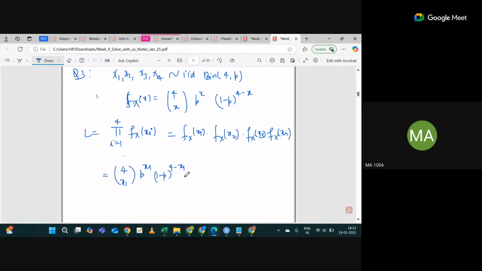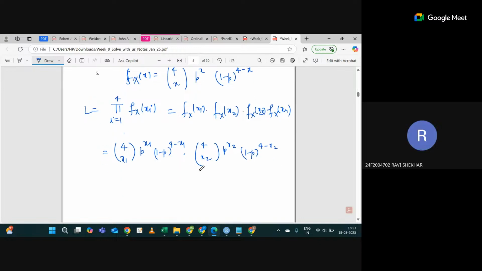Yes or no? Similarly, 4Cx2 p raised power x2 (1 minus p) raised power 4 minus x2, and 4Cx3 p raised power x3 (1 minus p) raised power 4 minus x3, times 4Cx4 p raised power x4 (1 minus p) raised power 4 minus x4.